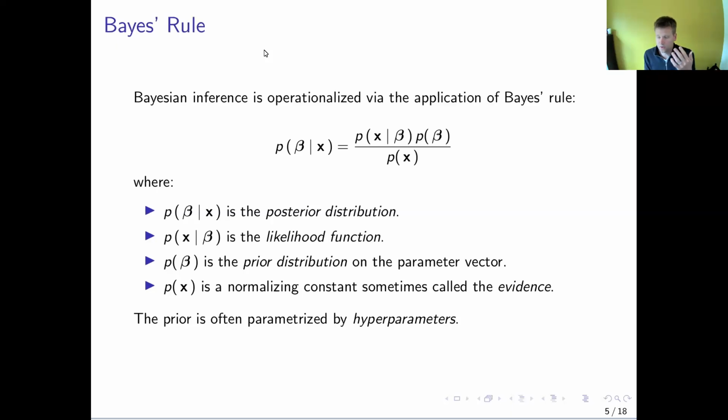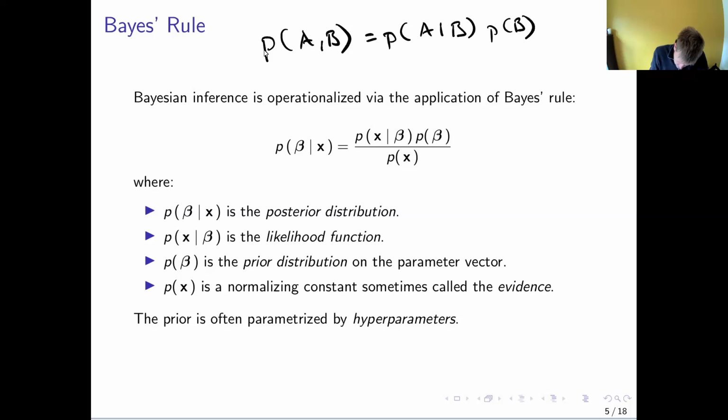Bayesian inference begins with Bayes' rule, and if you ever forget Bayes' rule, it's fairly easy to derive. Let's say that I begin with a joint distribution over random variables A and B, or sets of random variables A and B. I know that I can factor a joint distribution as follows.